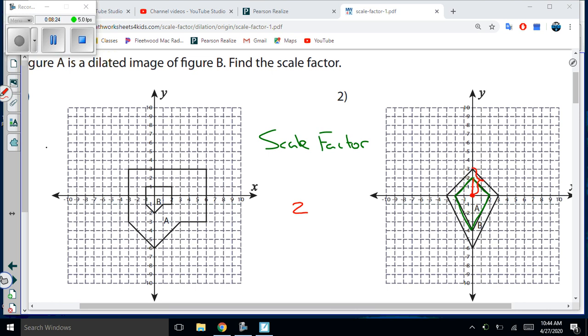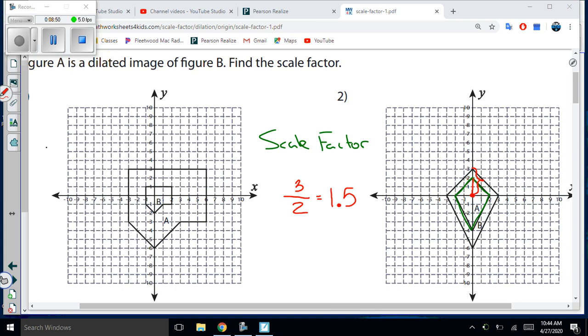Well, that's obviously going to be 3. And so in that case, we're going to say we have a 3-to-2 ratio. So my scale factor is either going to be 3-to-2 if we choose to go that way, or my scale factor is going to be 1.5. So in essence, what we're saying here is the black kite is 1.5 times larger than the green kite would be. We could see that in other locations as well.